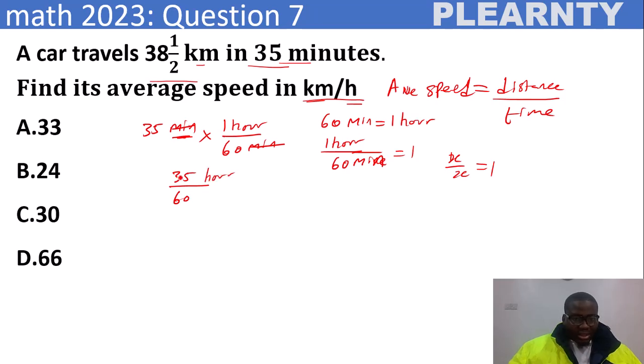35 hour over 60. Because this is 35, this is 60, you can use 5 to divide both. So 5 will divide this into 7, 5 will divide this into 12. So you have 7 over 12 hours. Now, we want to convert this also to improper fraction so that it's going to be easy for us to divide.